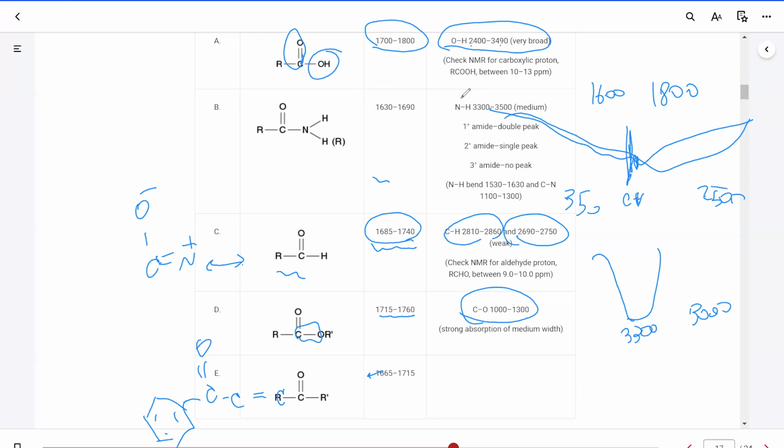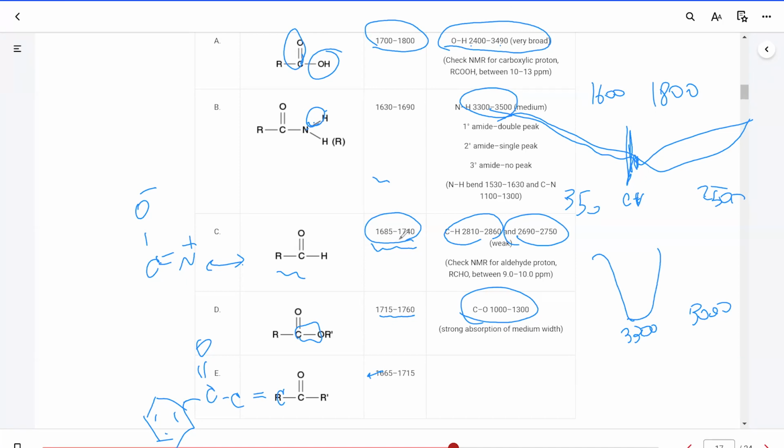So if the compound contains a C=O double bond, these are all the carbonyl compounds. Carboxylic acid is a number set: 1,700 and the broad peak. If it's an amide, it's unusually low, around 1,640 to 1,650, and for a primary or secondary amide, the NH bond shows around 3,300.